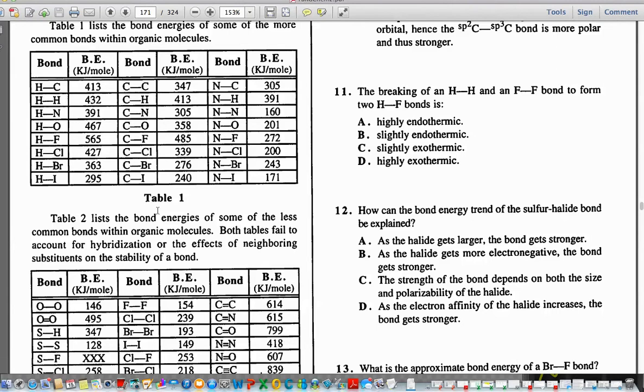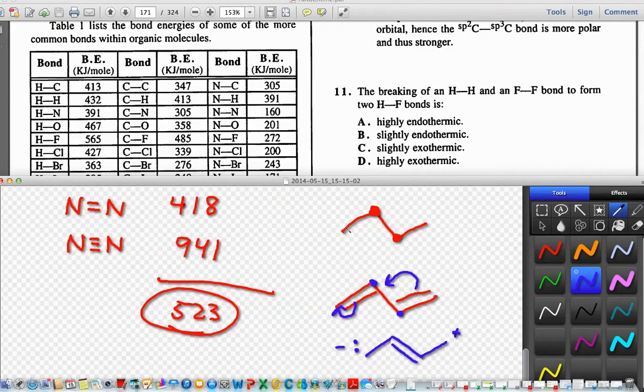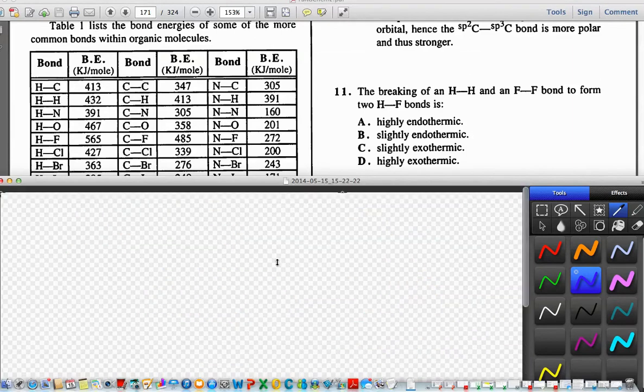Okay, so let's look at 11, and all we really need to do now is some pure mathematics. Okay, so if I break an H bond and an F bond, and I make 2 HF bonds.